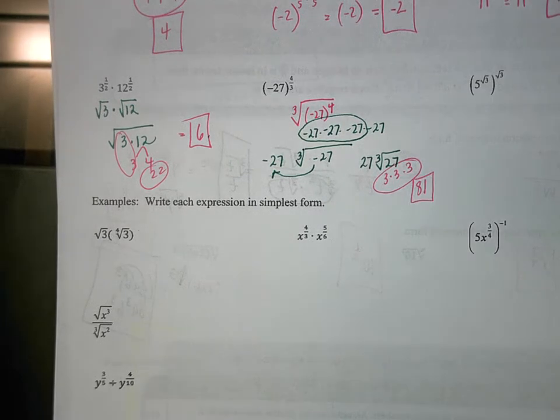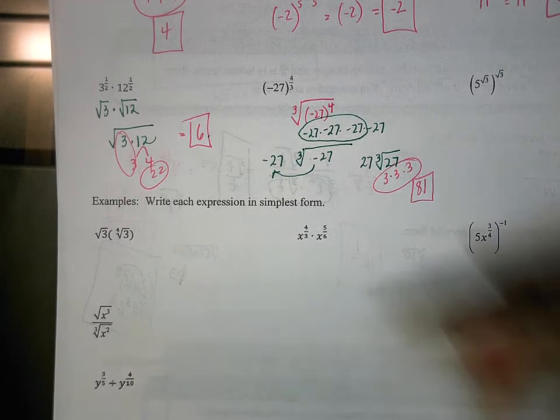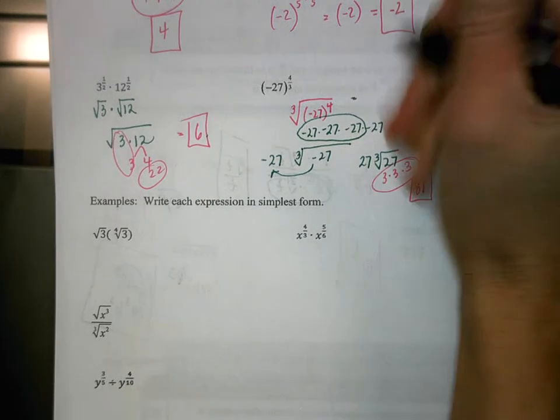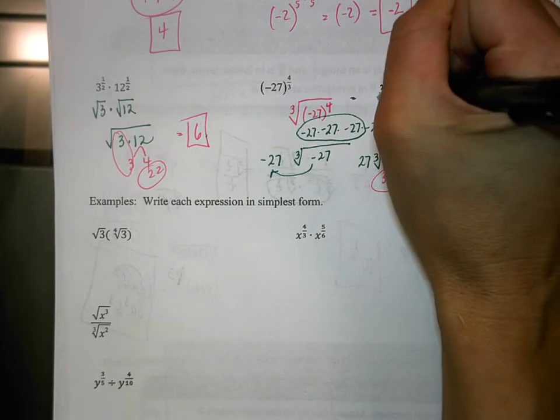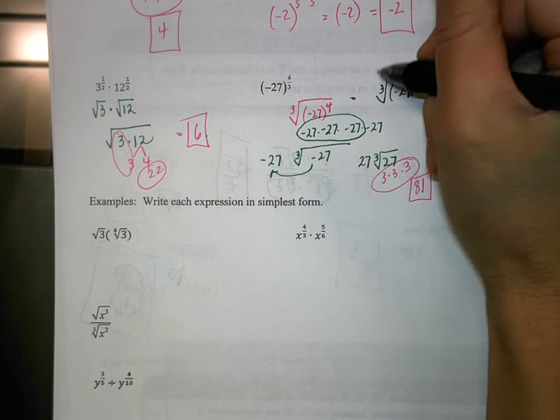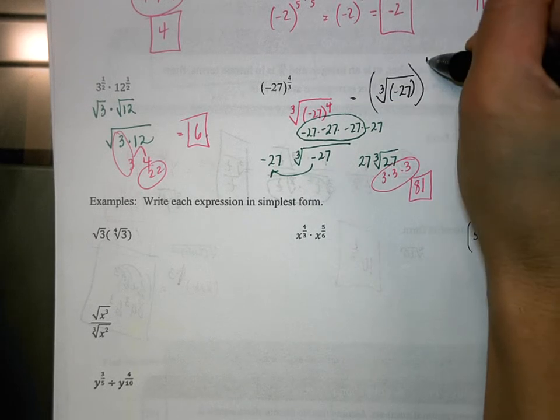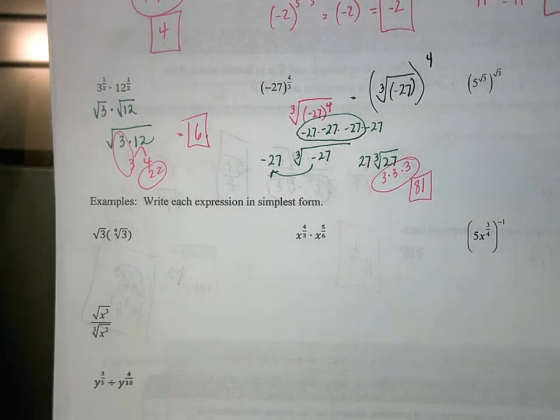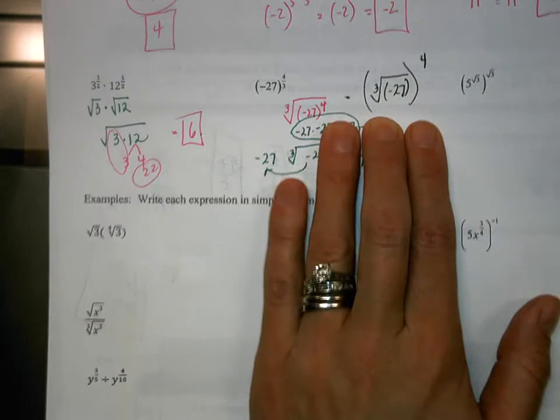Now, we kind of went through a long way on this. There was another way we could have done this. So I'm going to show you just one more thing real quick for this problem. Another way we could have written this was the cubed root of negative 27, and then you could put this whole thing to the 4th power. Okay? Do you guys see this?